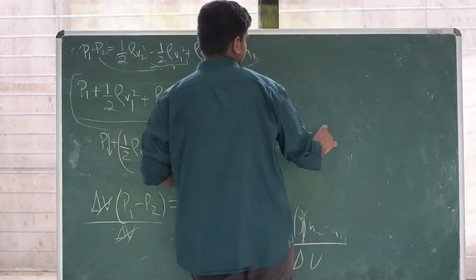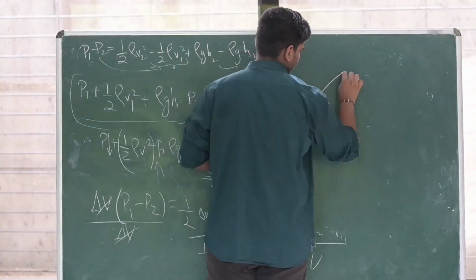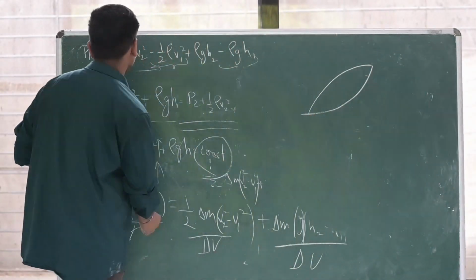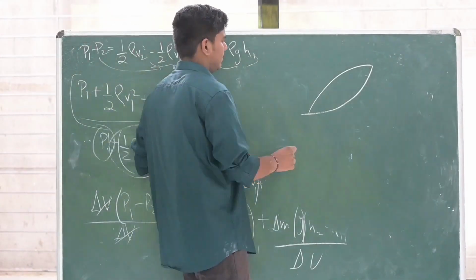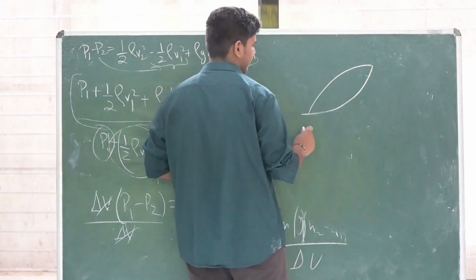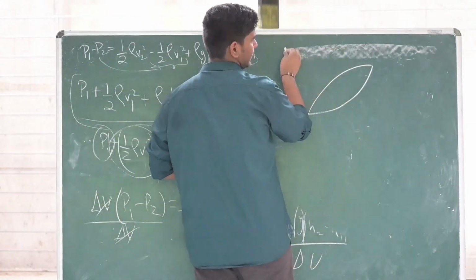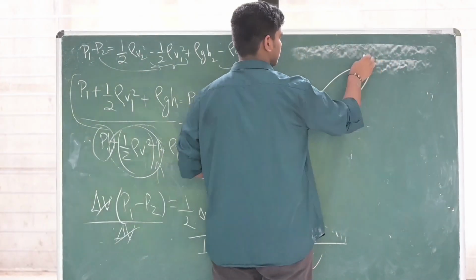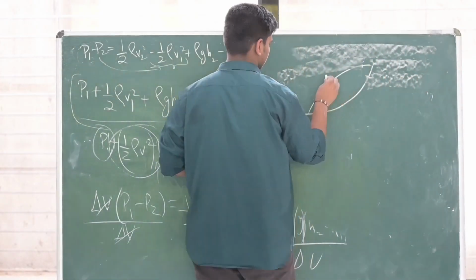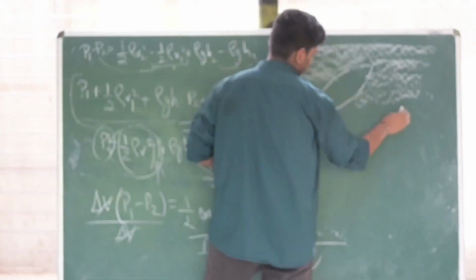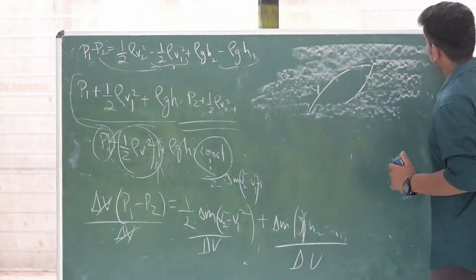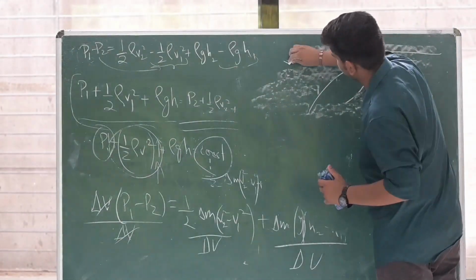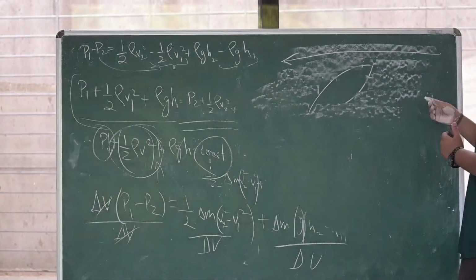So here we have stated that when the speed of the fluid increases, the pressure drops. Okay? Imagine this is the wing of an aeroplane. Now, there's a streamlined flow. This kind of streamlined flow here. Now, the wind flowing is too fast.